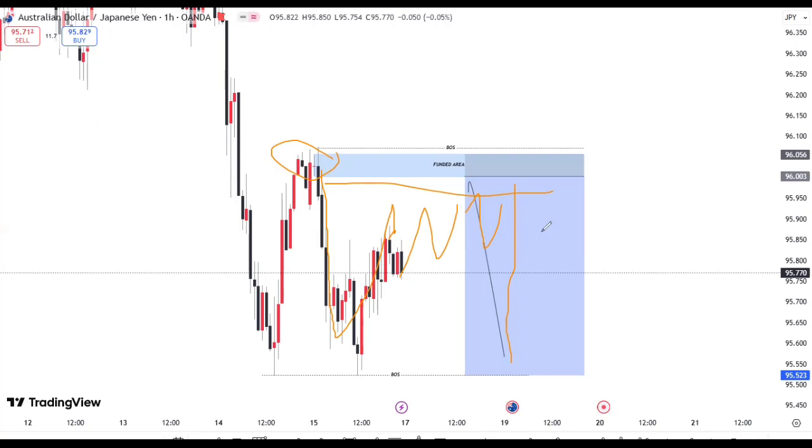So market has to fill that gap that was left there, and I name it there as my funded area, because that's where I will be opening my positions.